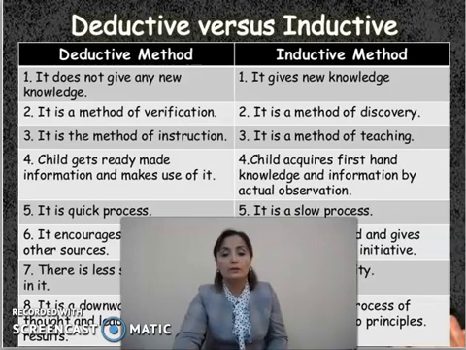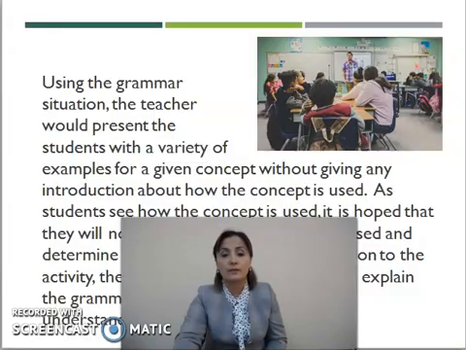In the deductive one, there is less scope of activity, and vice versa in the inductive one, it's full of activity. In the deductive one, it's a downward process of thought and it leads to useful results. And in the inductive one, it's an upward process of thought and it leads to principles.